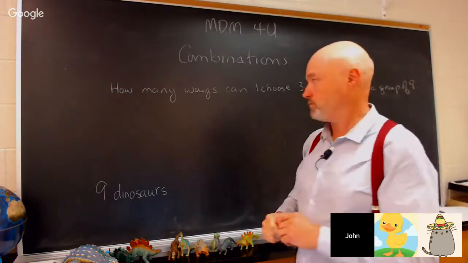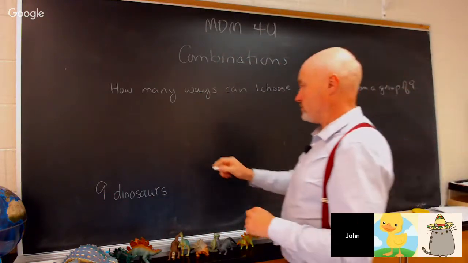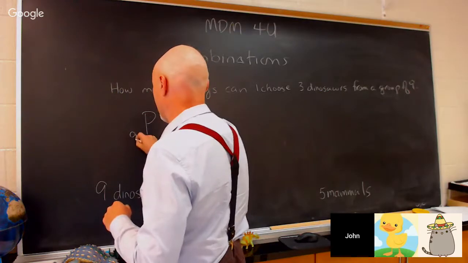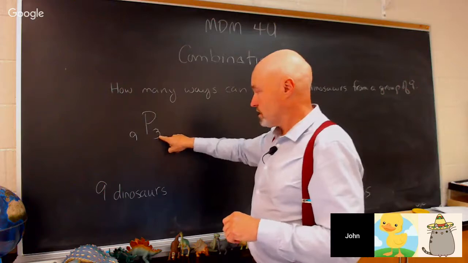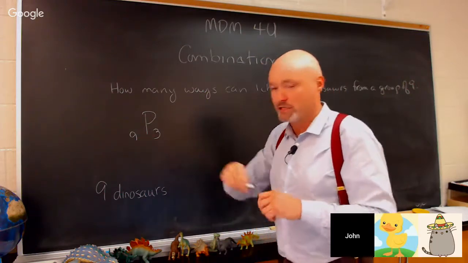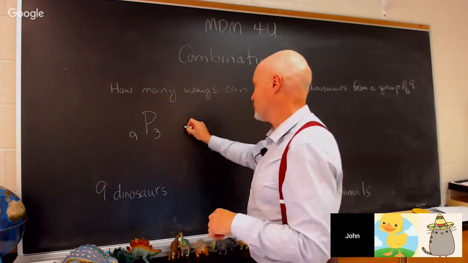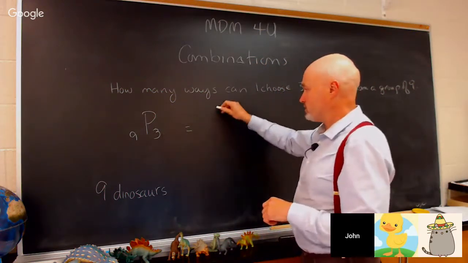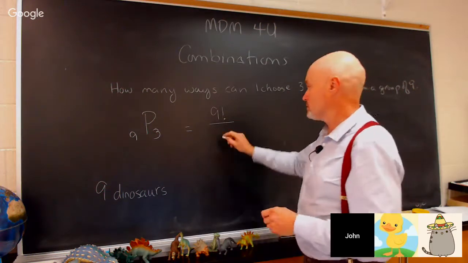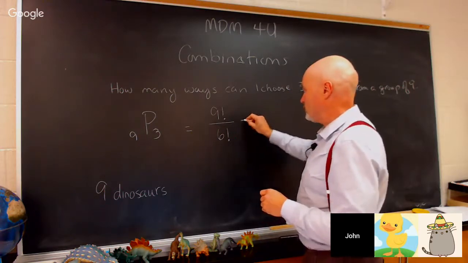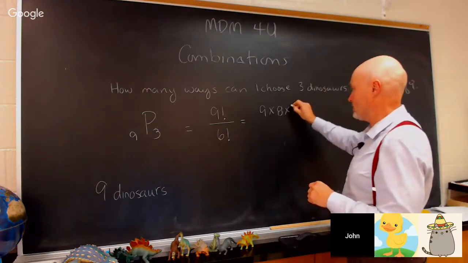Back in the good old days when order mattered, we used this expression: how many permutations are there if I select 3 objects from 9? And if you'll recall, there were a couple of ways of expressing this. This very specifically says 9 factorial over 6 factorial, which is the same thing as 9 times 8 times 7.